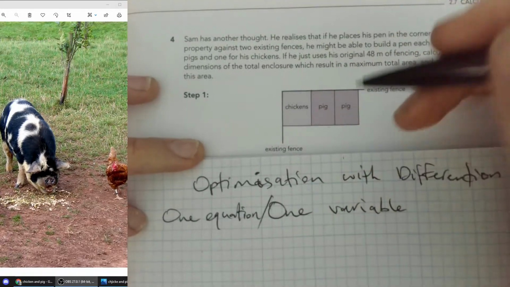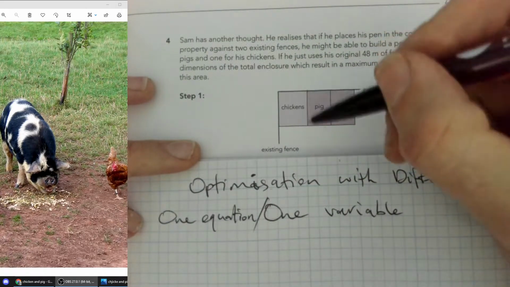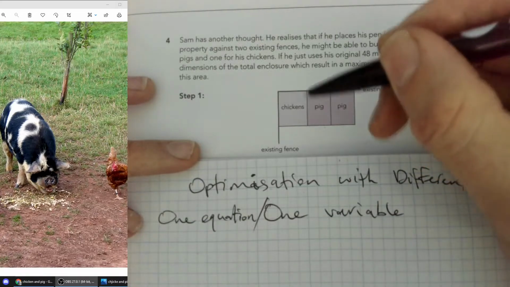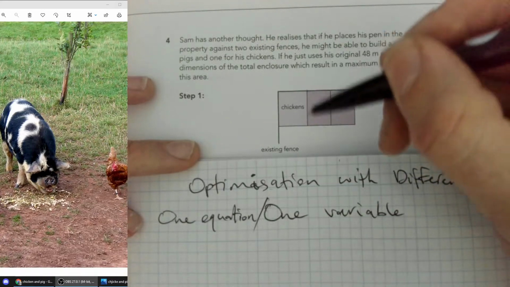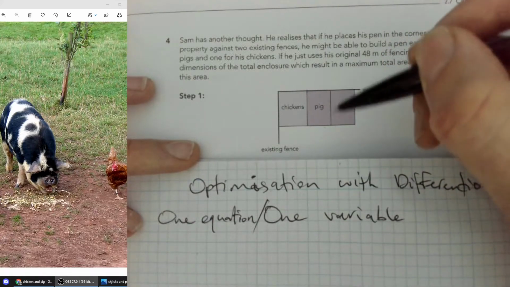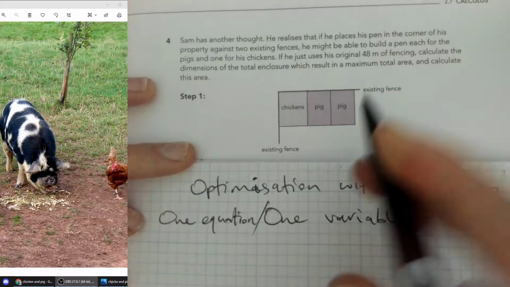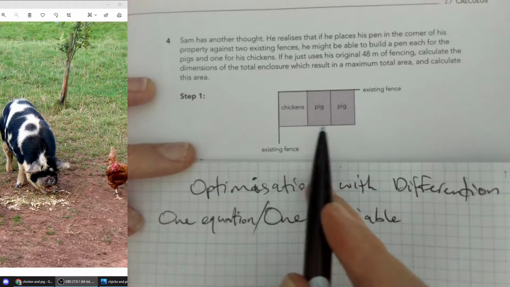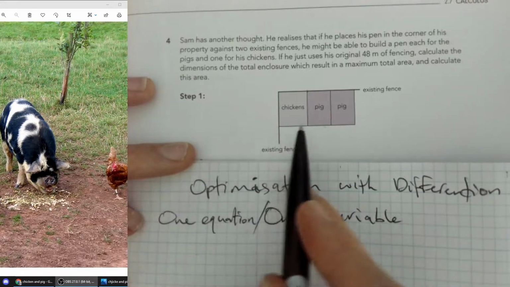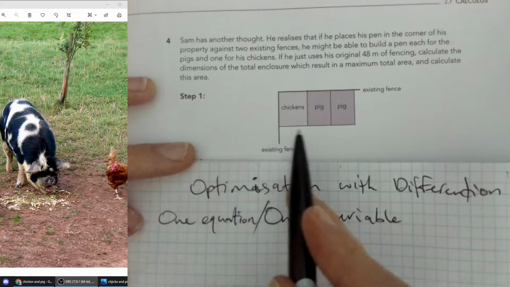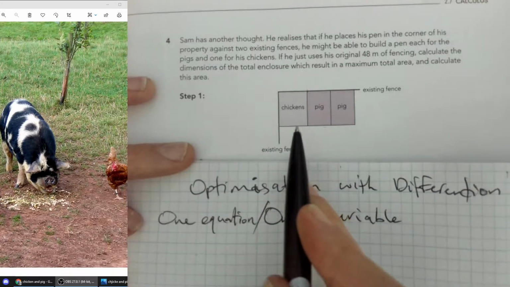The problem with this question is this length, the height we'll call it, is one of your variables, right? And then these lengths here, which are going to be equal, are going to be another variable. And then the picture makes it seem like this is its own variable. Now that's dumb.